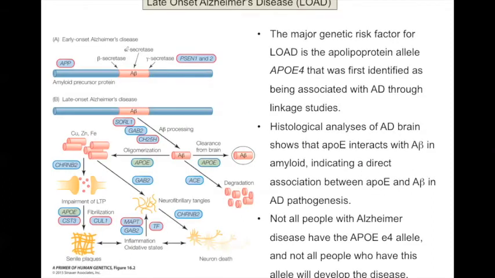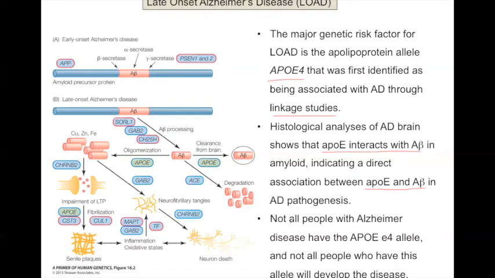So the major genetic risk factor for late onset Alzheimer's disease, as I've said, is the allele ApoE4. And it was first identified through linkage studies, which are a type of family genetic association study. It is known that ApoE4 interacts with A-beta in the amyloid plaques, indicating a direct association between the protein ApoE and A-beta in Alzheimer's disease pathogenesis.